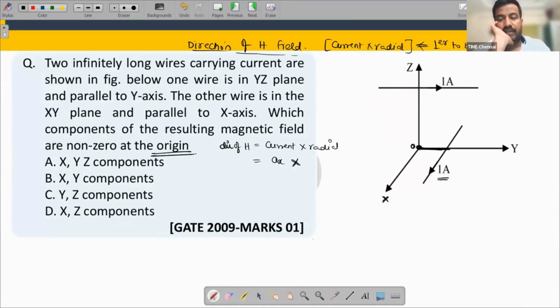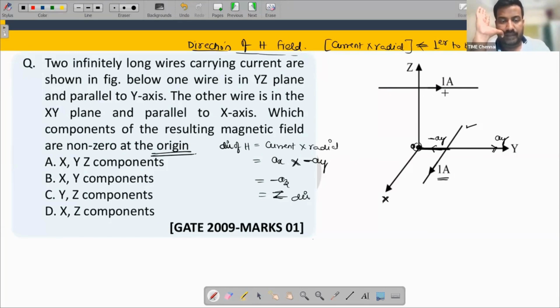This is the point of evaluation. So this is the radial distance, along the y-axis. This will be minus AY. AX cross AY is AZ. AX cross minus AY is minus AZ. Neglecting the polarity, the direction of magnetic field is along Z for this component.